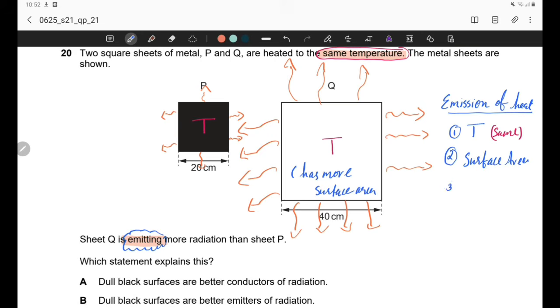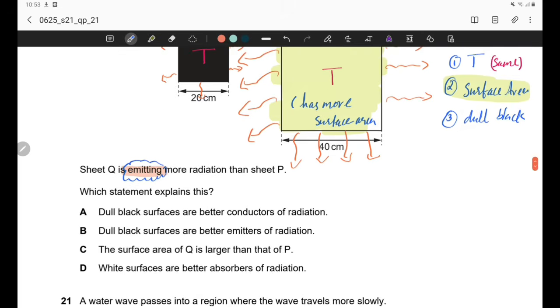And the third point is about the material: dull black surfaces, compared to white surfaces, will emit more. Here sheet P is dull black, so it will emit more depending on its material property compared to Q, but as the surface area of Q is much more compared to P, using this property the emission will be more for Q. Now we can see the options.